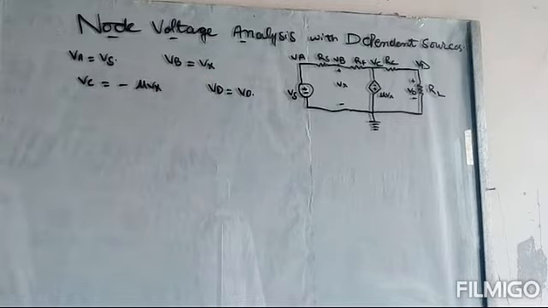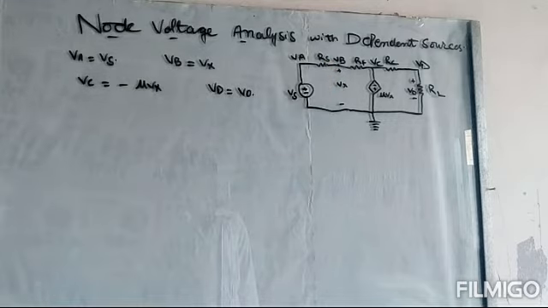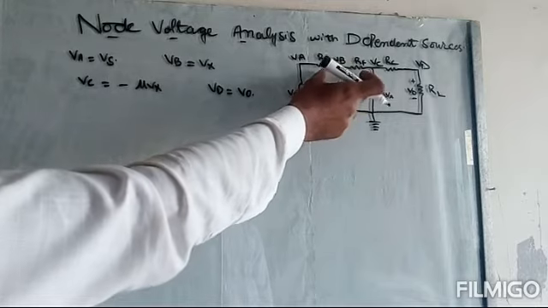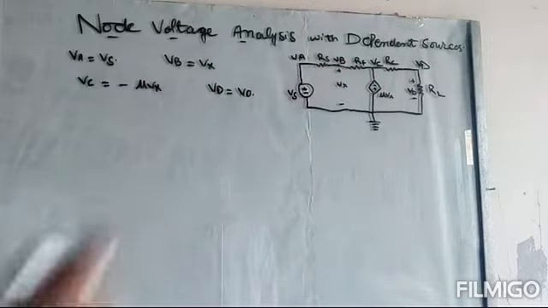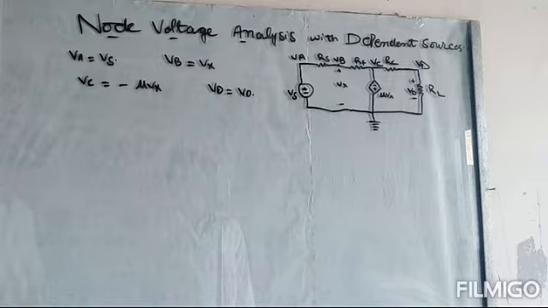To find VB, we will write the KCL equation for VB. We will consider both currents leaving, for example, and take leaving currents as positive.